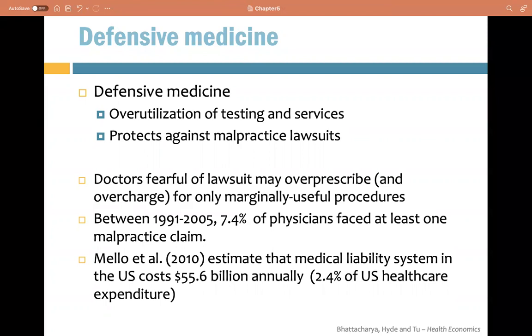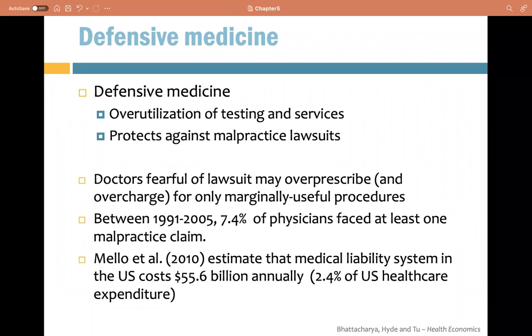If there are more people suing doctors in the country, then doctors will become fearful of lawsuits, and so they would try to overprescribe, overcharge for only marginally useful procedures, so that they make sure they've done enough in order not to get sued. But these practices could be unnecessary, or just for the sake of being defensive.